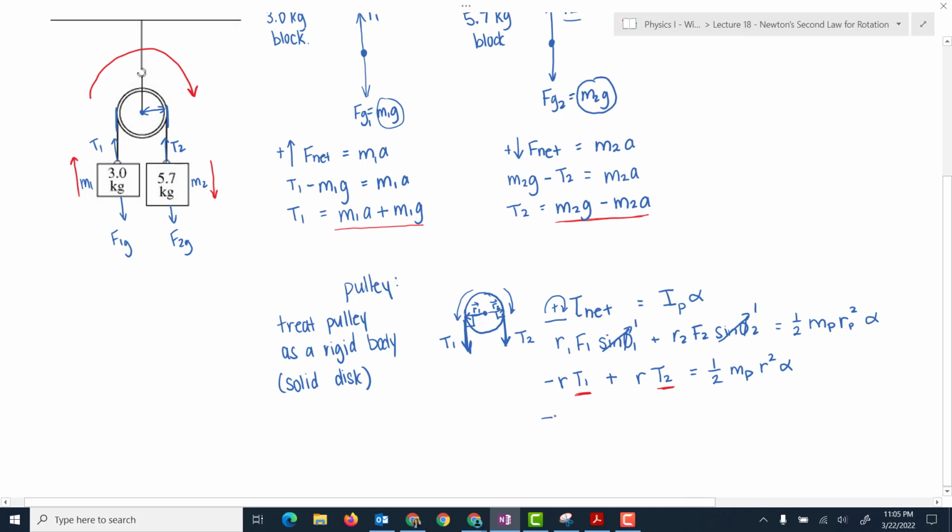So I have negative R T1, which is M1A plus M1G, that's from here, plus R times T2, which is this one, M2G minus M2A, equals 1/2 mass of the pulley, r squared alpha.